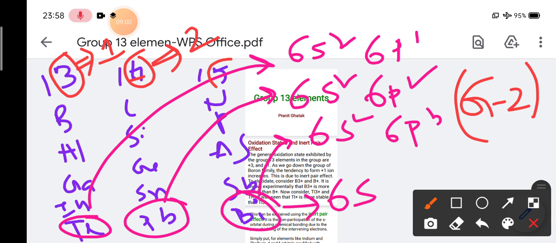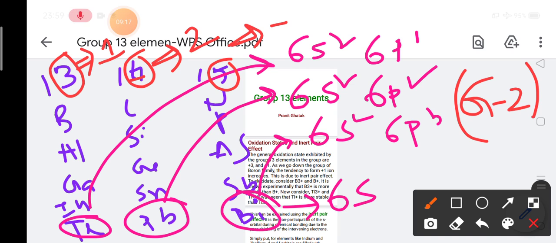And similarly, bismuth should have an oxidation state of 5, because 15 means the last number is 5, but it is showing G-2, that is 5 minus 2, that is +3.